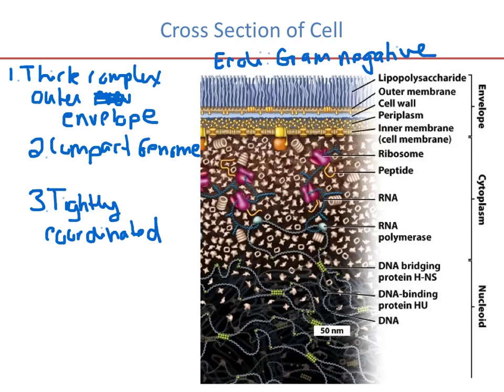Now, before we move on, I'm just going to talk about this diagram a little bit and talk about a handful of the things that are common to cells that I want to point out. Down here in the gray, you can see the DNA. And this down here is in the nucleoid. And then you have the cytoplasm.